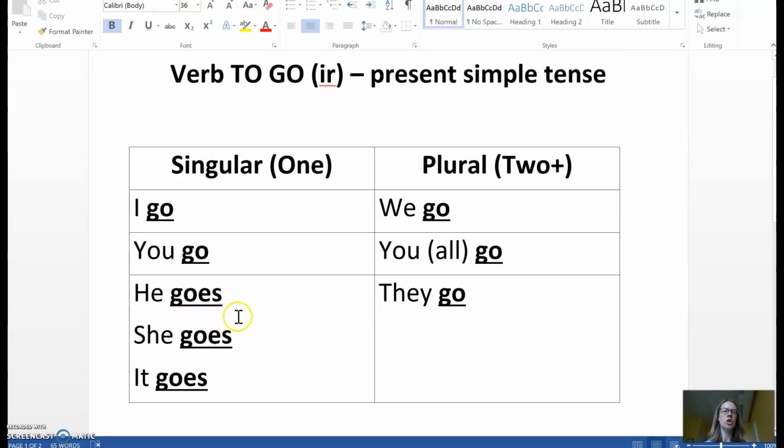He goes to Tubman. She goes on the bus. You pick one and say it in a sentence.